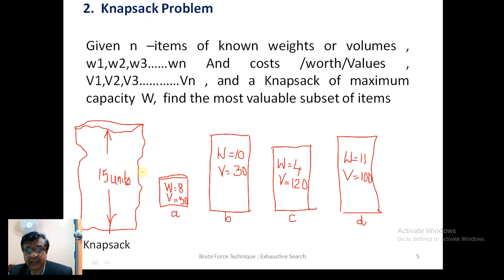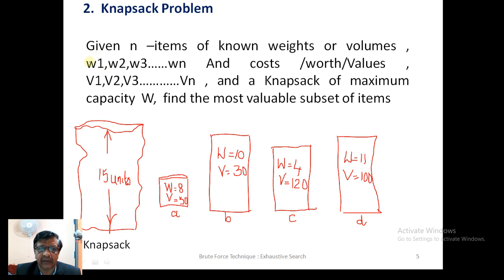Then the knapsack problem is another example of combinatorial problems. Given n items of known weights or volumes, like say W1, W2, W3, Wn. These are all the items that may be available in a godown, and they will carry some worth or value, let's say value 1, value 2, value 3.